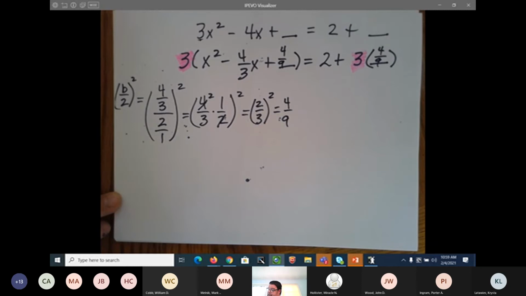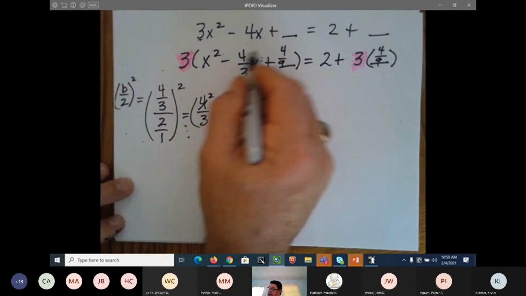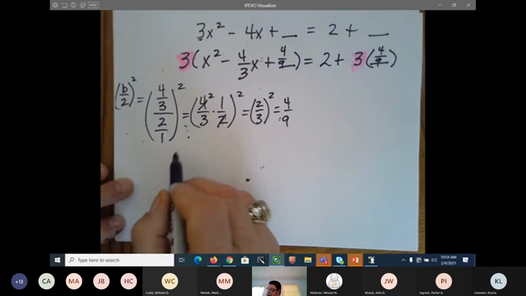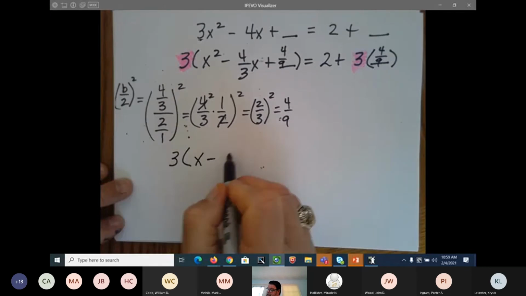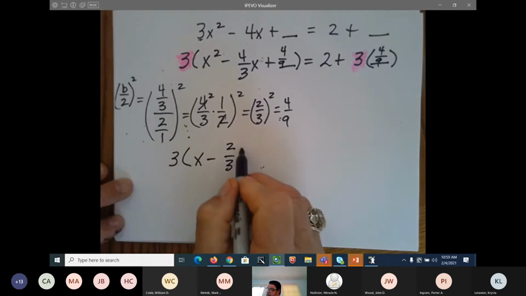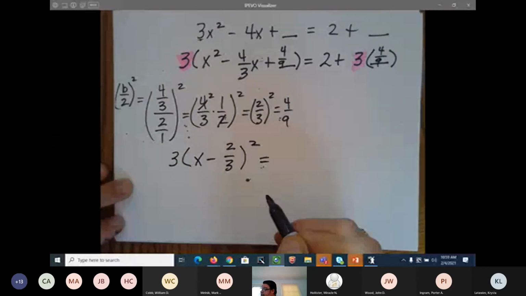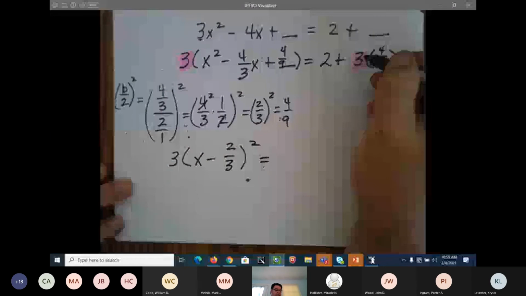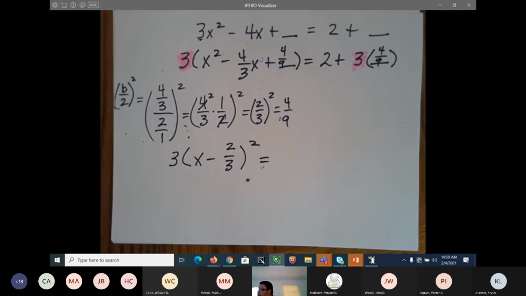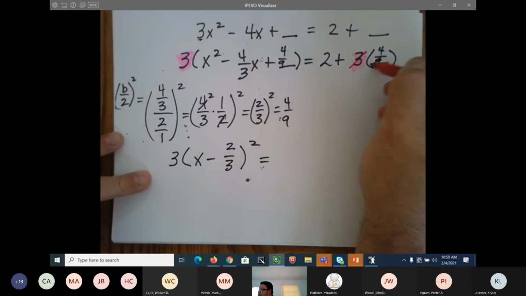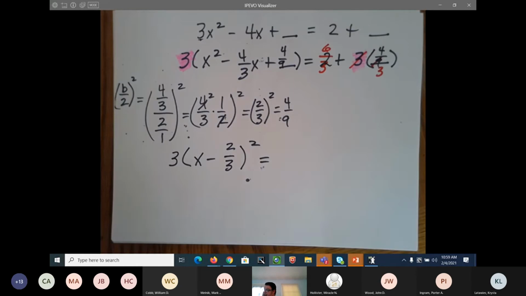All right. So that's going to give you shortcut number 2 right here. So 3 times x minus 2/3 quantity squared is equal, let's see, that 3 will cancel that, you get 4/3, change this into 6/3, and 6 plus 4 is 10, so that's going to be 10/3.